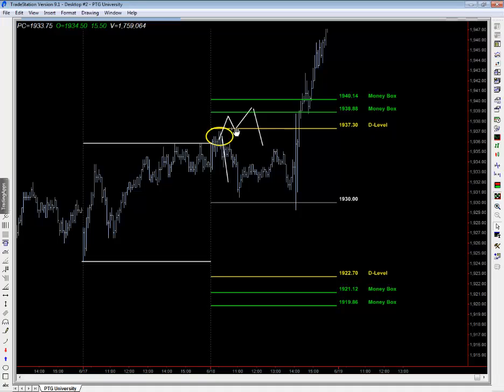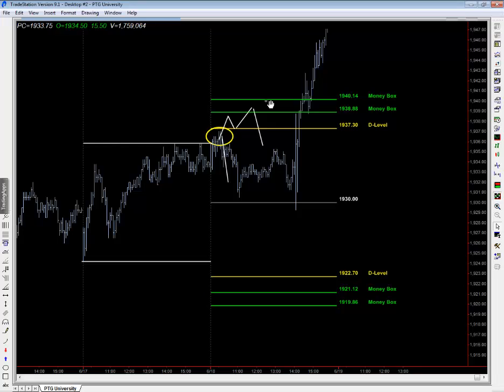So first and foremost, the D level is used for stop probes, which can set up a nice reversal opportunity. If the D level is penetrated and converted, the probabilities favor a move into the money box zone.